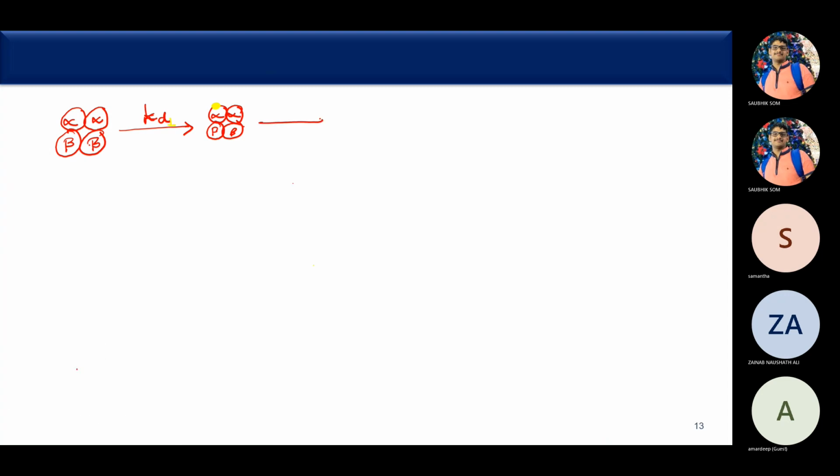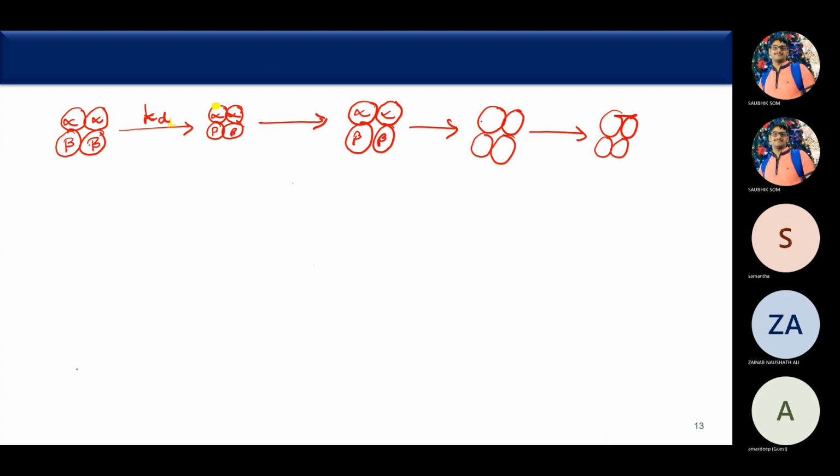So if I write it again, the binding of other ligands, one, two, three, and lastly it will be this: alpha, alpha, beta, beta. So in this case there will be two bindings.